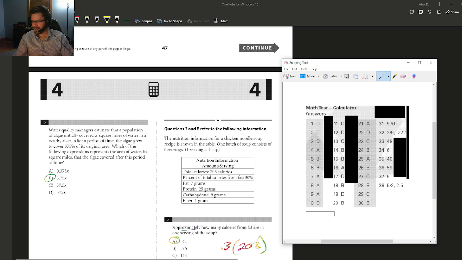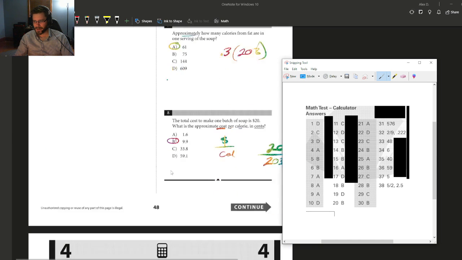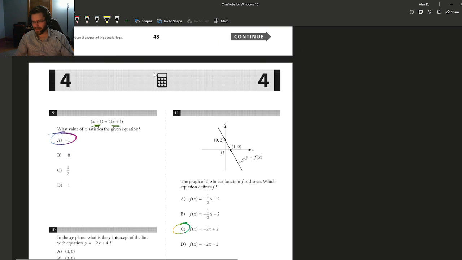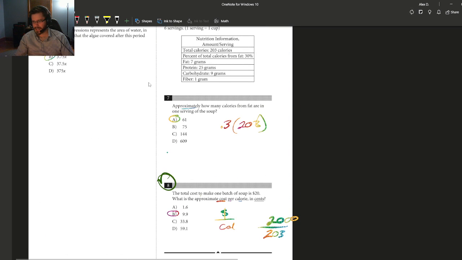6 B A B triple A D B A, oop, A D. All right, let's check this one. $20 cost per calorie. So there's 100 pennies in a dollar, so that's 2,000 cents per calorie.